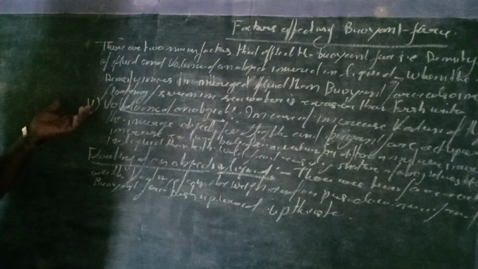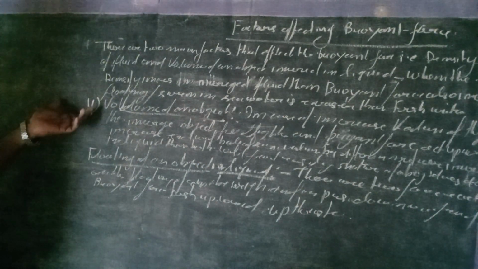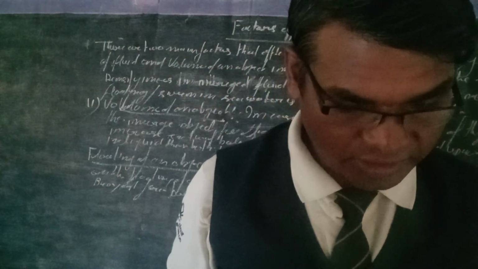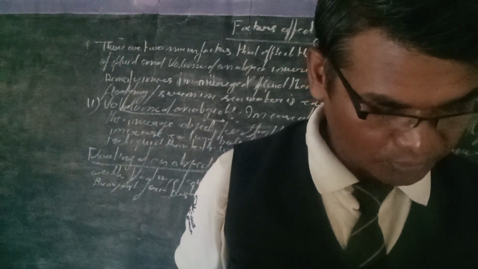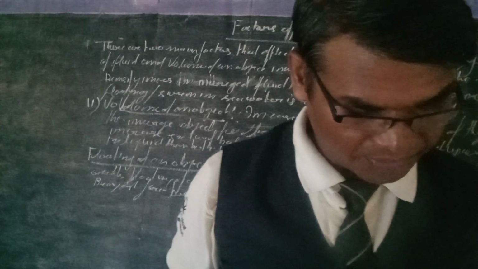One by one there will be conditions by which we can say whether an object increases or decreases in floating. The density of a liquid, as we have studied, depends on the floating and the sinking of an object.